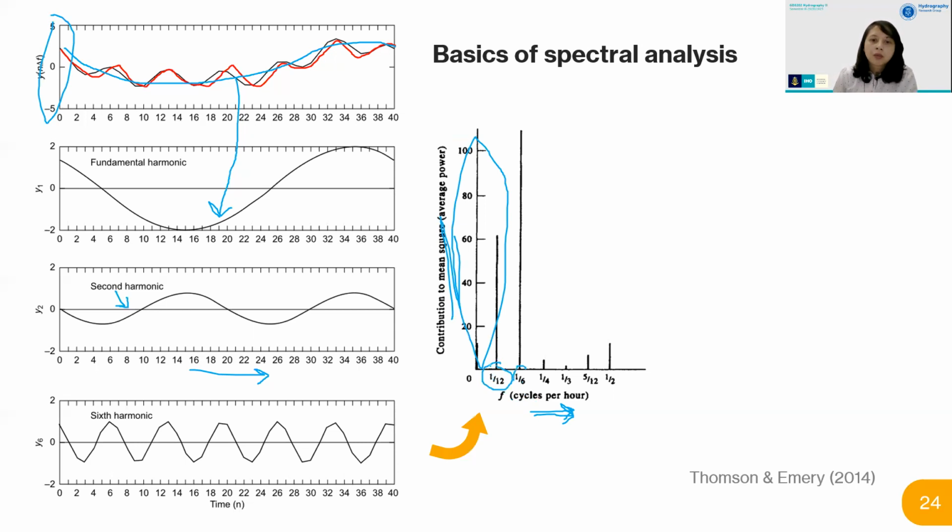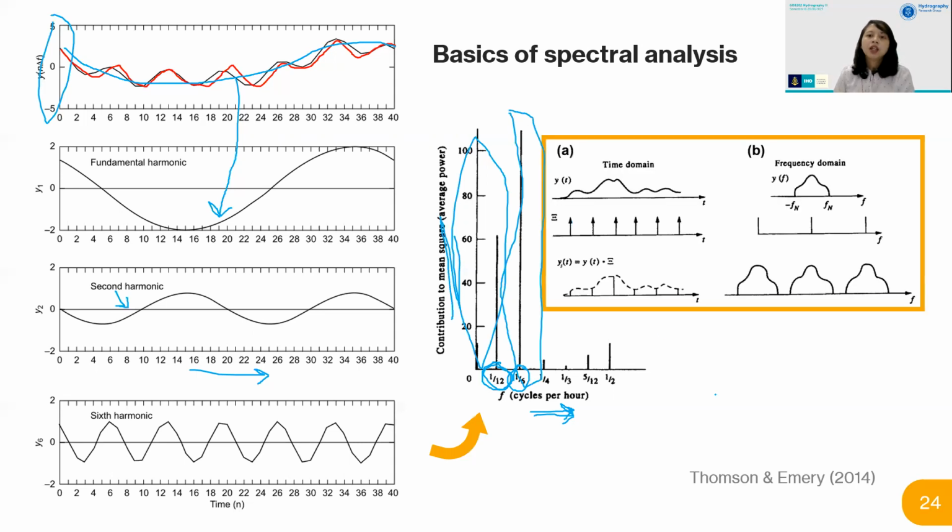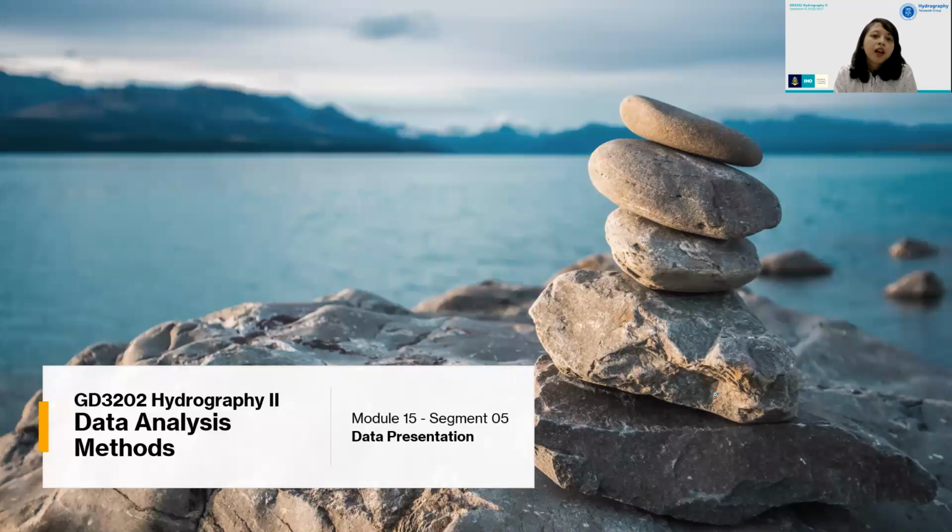Is it 1/12 cycles per hour? Is it 1/6 cycles per hour and stuff like that? So you can see that, oh, okay, this cycle is the most prominent one. Okay, so again, the basic of the spectral analysis is converting something that is time domain into a frequency domain. We're not going to talk about this, but this is a very, very interesting and useful part to analyze data. And that's it.